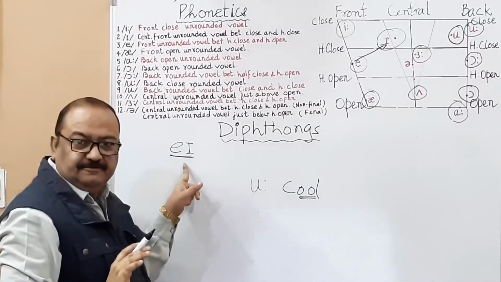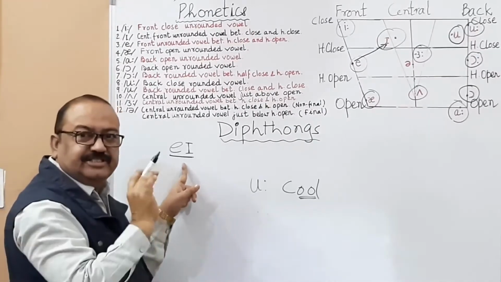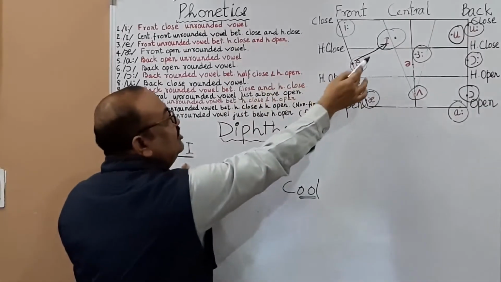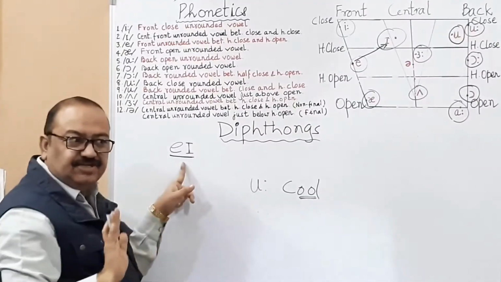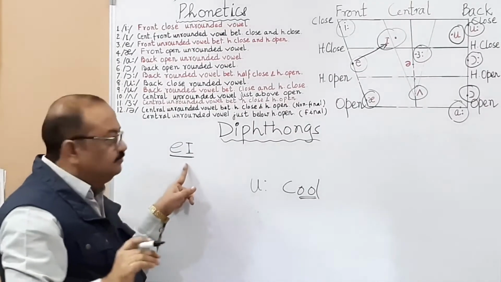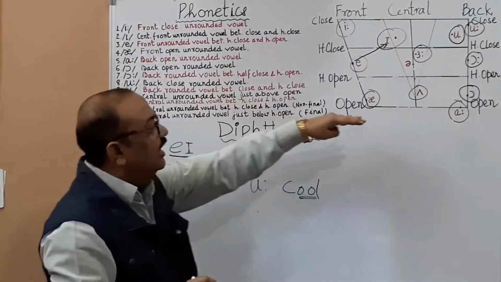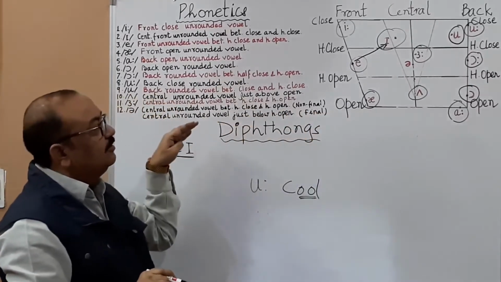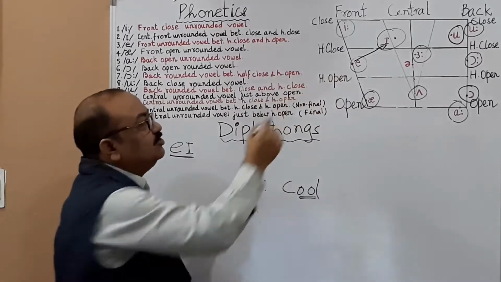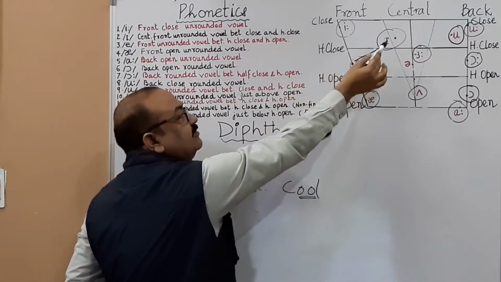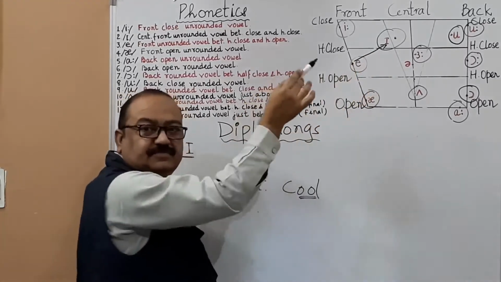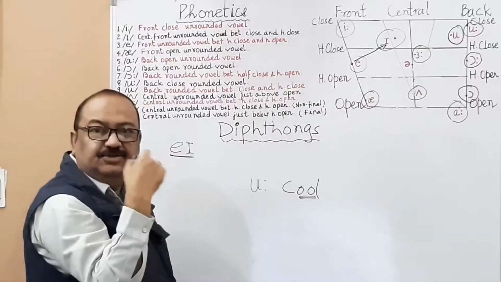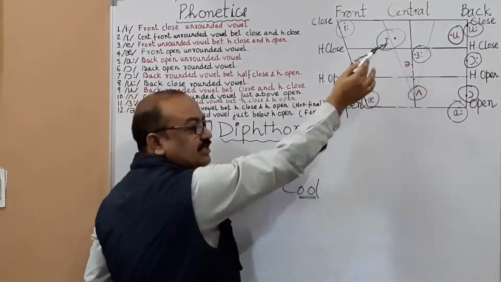Is it okay? So it's a glide from A to E. Is it fine? Yes, sir. So that's why I have maintained this. So this is how we are going to learn. So this one is our first diphthong. See? Your tongue is gliding, like from one position to another.